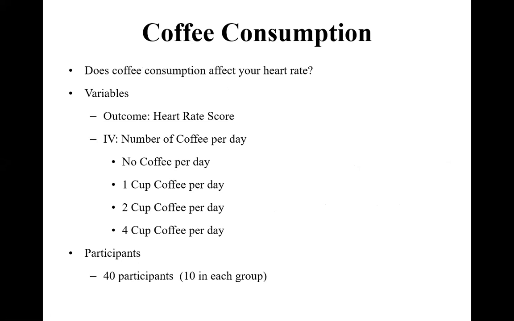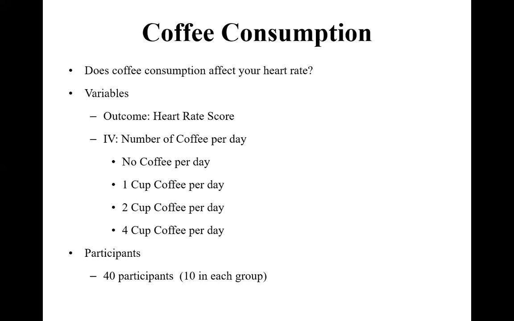One is the control group. We are not giving coffee to all 10 participants, and we are measuring the heart rate score of the 10 participants. Now, second group, we are giving 1 cup of coffee per day, and after the participants consume the coffee, we measure the heart rate score.